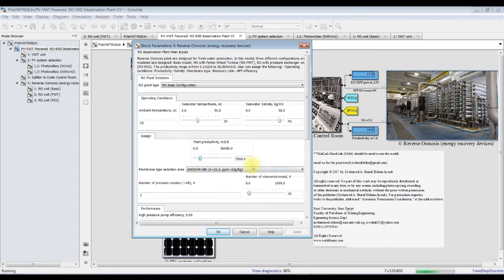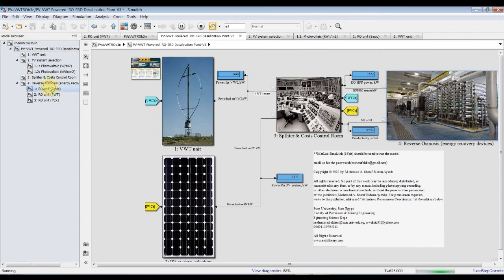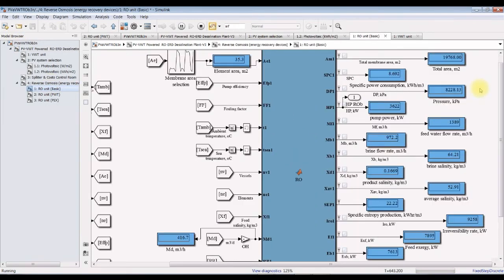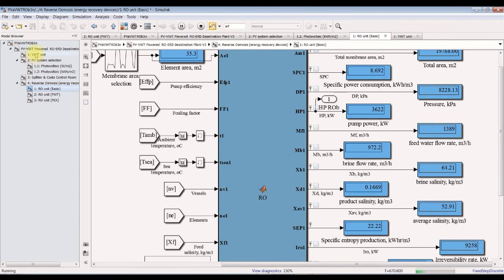And sure, if you increase this, you have to increase the membranes. I'm going for 10,000 meter cube per day. Let's watch here. Yes, there is some change in pressure and the power, specific power consumption.